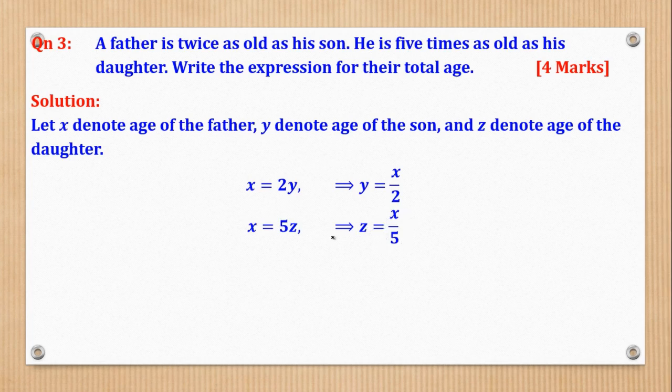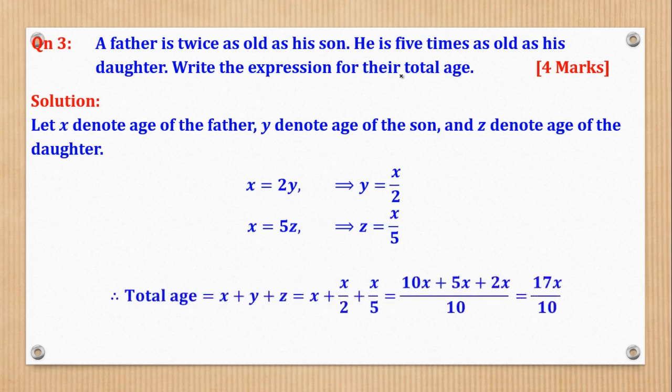So now I know that the father is X, the son is X over 2, and the daughter is X over 5. And the question wants the total age, the expression of the total age. So you come and add all of them. Total age is X plus Y plus Z, but Y is this, Z is this.